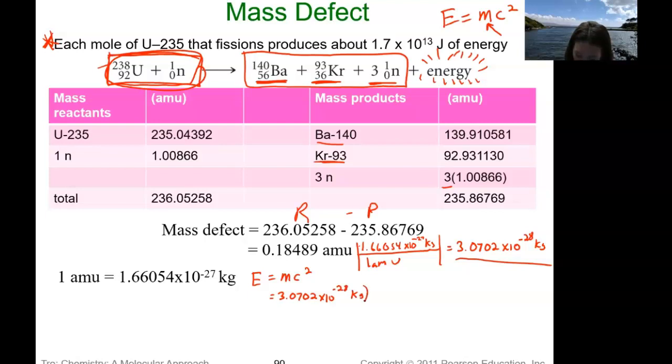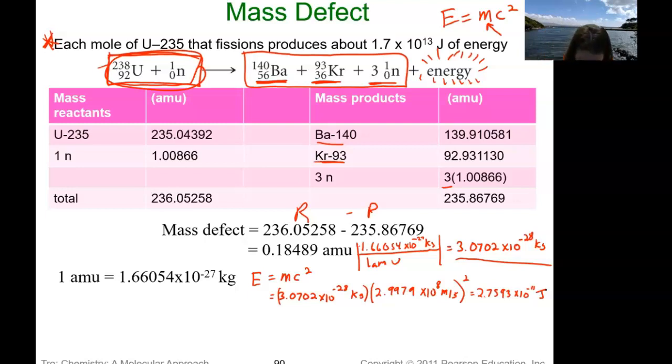And remember, this is just one atom we're talking about, times the speed of light, which is 2.9979 times 10 to the 8th meters per second, but it's squared, right? And that gives us 2.7593 times 10 to the negative 11 joules, right? But again, this is one nucleus.